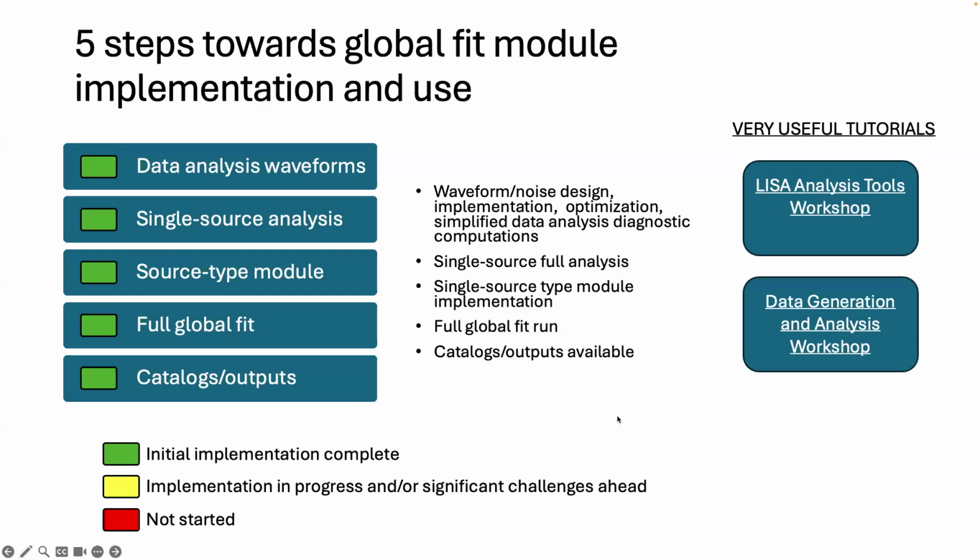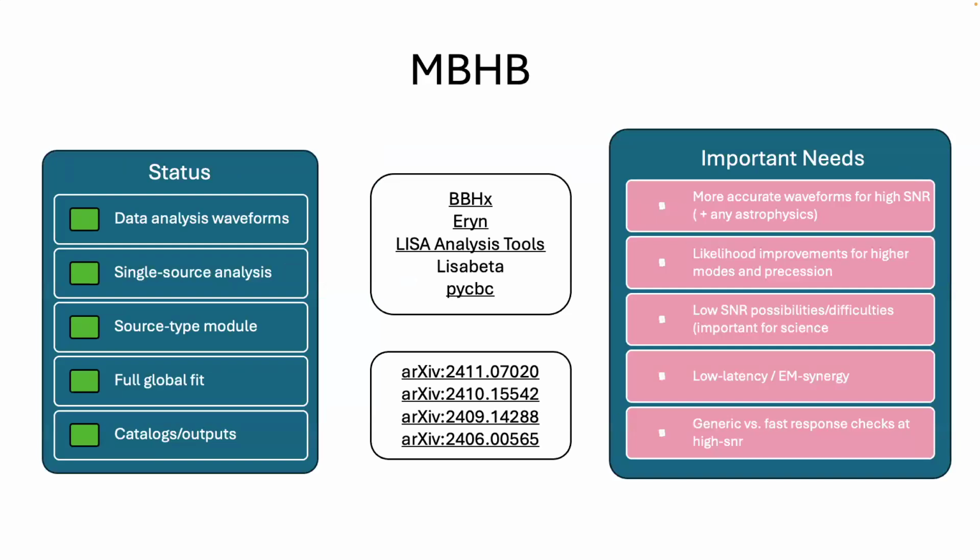So for each source type, you're going to see 4 boxes. The left side is the status, exactly what we talked about on the last slide. The right side is what I listed as what I think are important needs. This can be waveform related things, implementation related things, likelihood related things.